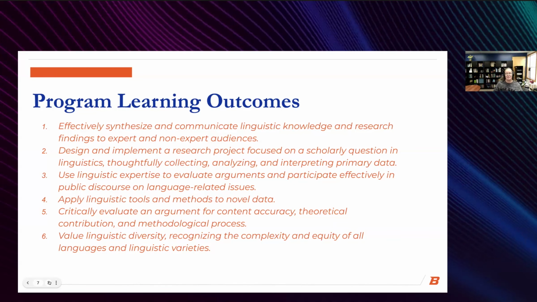So evaluating arguments in order to participate in public discourse, which is really important to us for our students to be able to be good citizens and use their expertise in linguistics. And then the second one having to do with evaluating arguments for content accuracy and theoretical contributions and methodological processes. Again, things that I believe most social science programs should be focusing on.